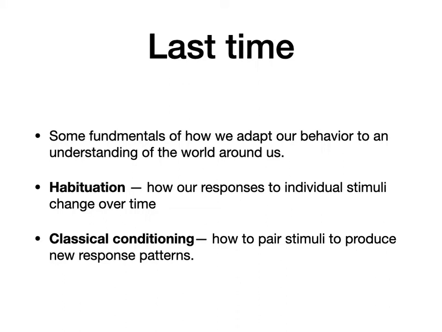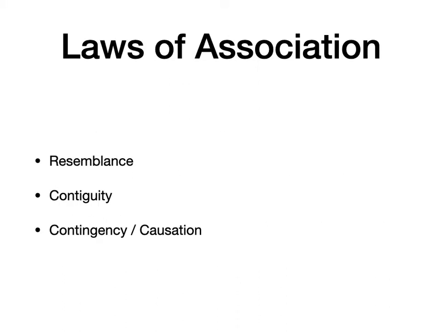So individual stimuli in the environment, and also a little bit about how they can be related. From habituation, a similar response to a similar sound, versus classical conditioning, where we can pair concepts together, right? So pulling back to the laws of association, we have a little bit of resemblance going on there. We have contiguity, and then we also have this more interesting contingency and causation thing, which we'll get into shortly.